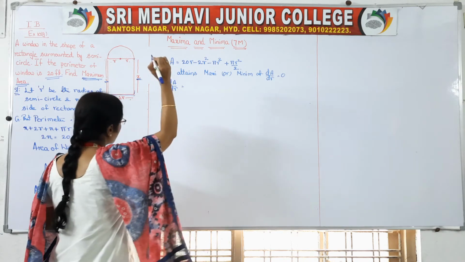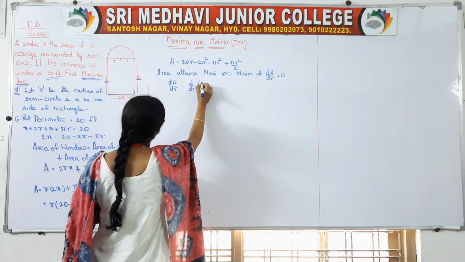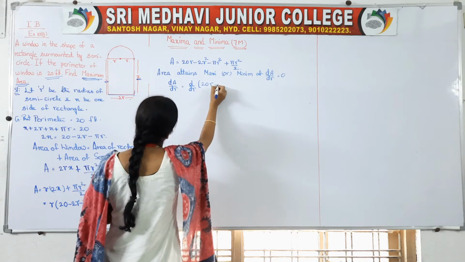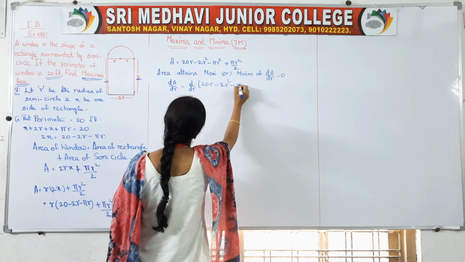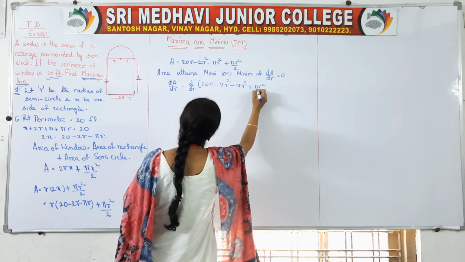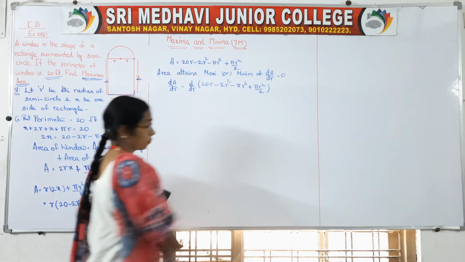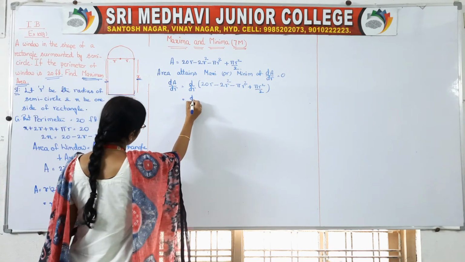So, dA by dr is equal to d by dr of 20r minus 2r square minus pi r square plus pi r square by 2. Whenever plus minus, we have to take separate derivatives.